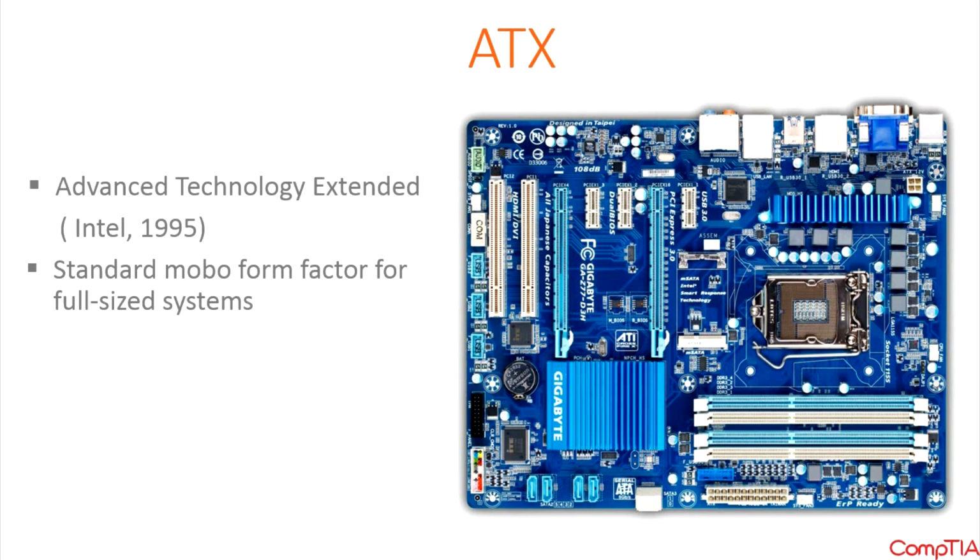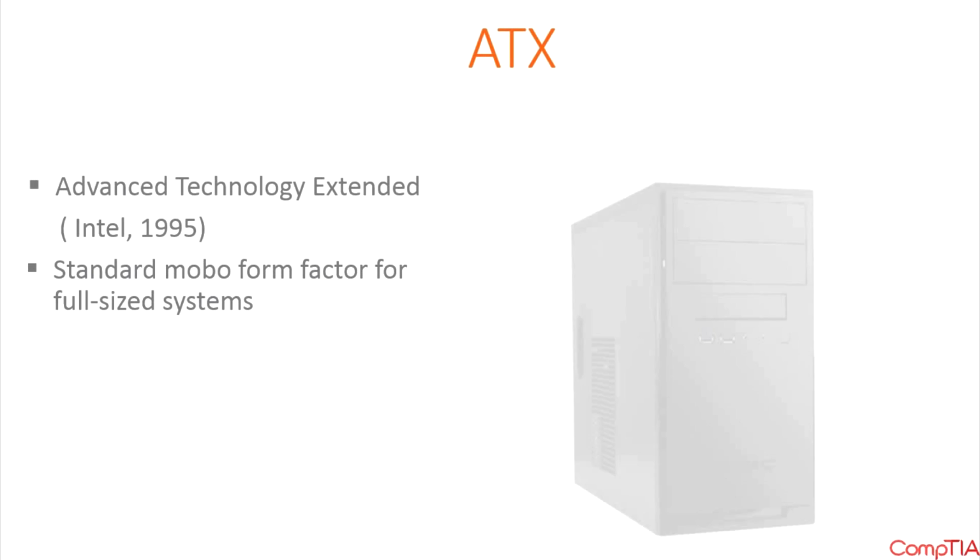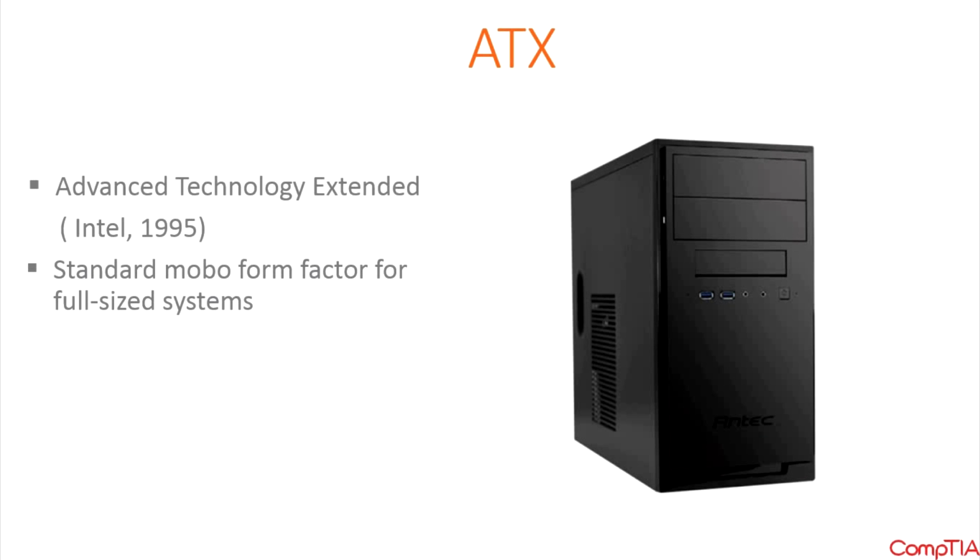Hopefully that makes sense. As I said, ATX being the standard motherboard form factor, any computer system that looks something like this is going to have an ATX board on it. The board is normally going to go on the left or right side of the case, and then the other side of the case generally will pop off to give the owner easy access to the inside of the computer chassis, because we don't want the motherboard shorting itself out on any metal in the case.